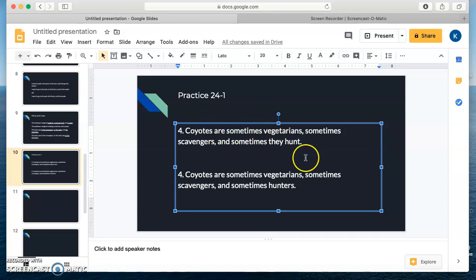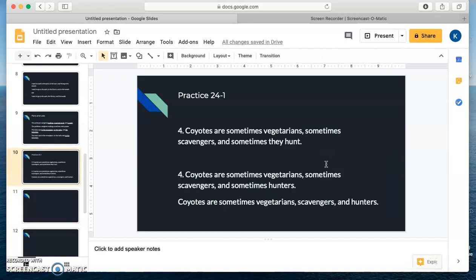Instead of saying they hunt, you just turn this phrase into its noun form: hunters. You might also, again for simplicity's sake, write coyotes are sometimes vegetarians, scavengers, and hunters.